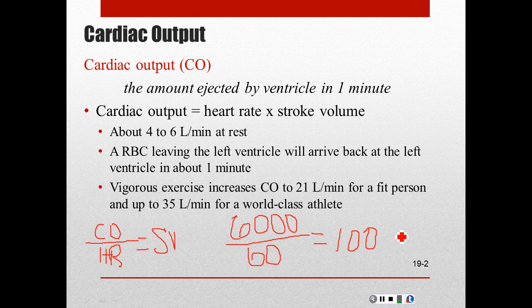It will be 100. But don't forget our units. Cardiac output is milliliters per minute, and our heart rate is beats per minute, and our stroke volume will be milliliters per beat. Okay?